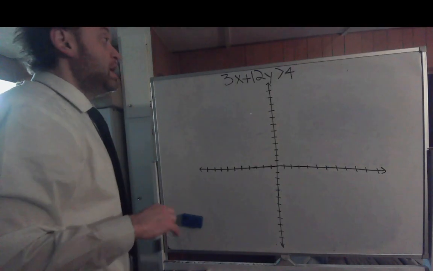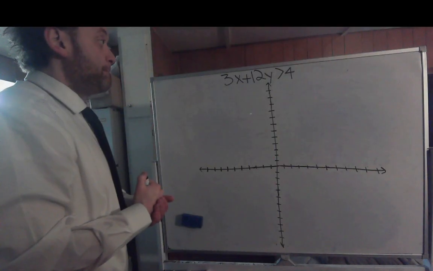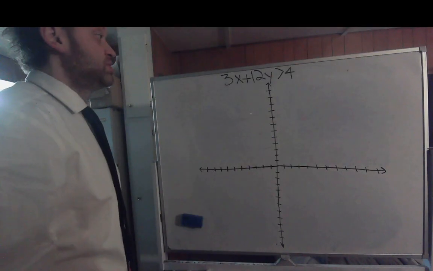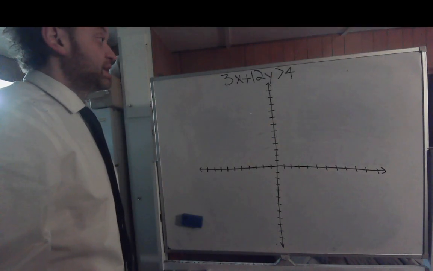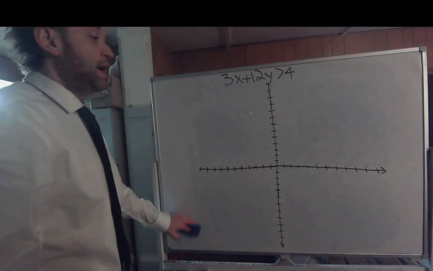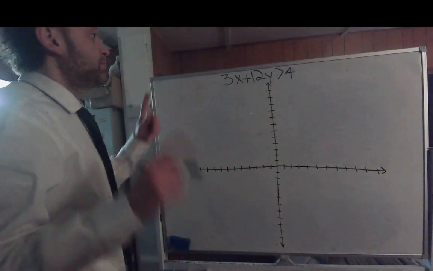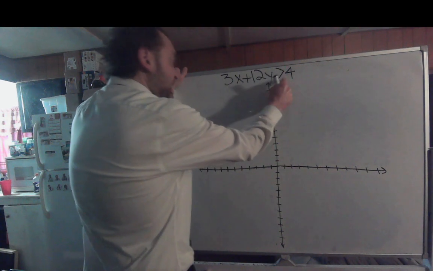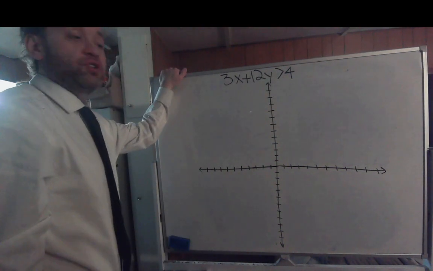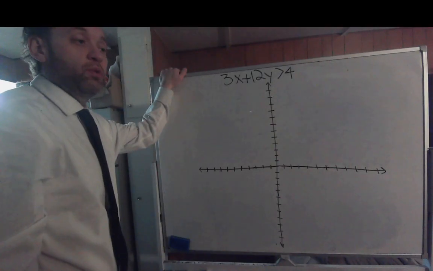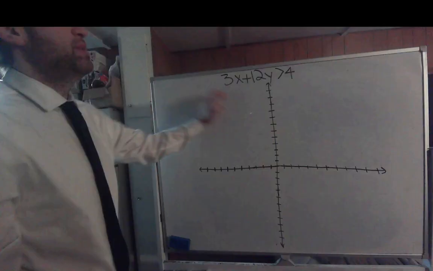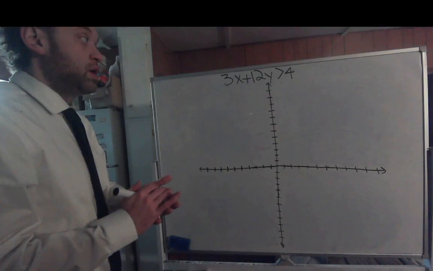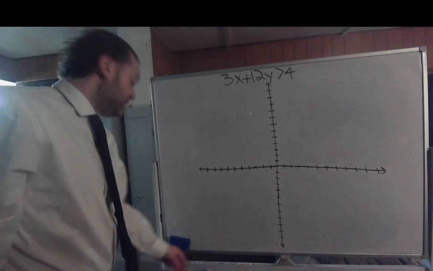Well, first, since you're dealing with an inequality, ask yourself, does it have an equal to component? The answer is no. It has no equal to component whatsoever. So it's going to be a dotted line through 3x plus 12y equals 4. So we're going to draw a dotted line through those points.